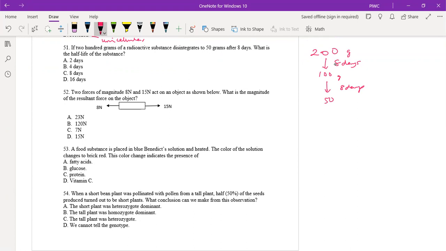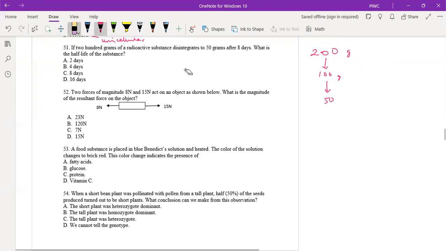Oh no, I have it wrong. So what's the half-life? You have to be careful here. Let me go back. I'm using 8 as the half-life, but that's not the half-life. The whole thing takes 8 days. That's what it's saying. So 200, first half-life, 100 grams.